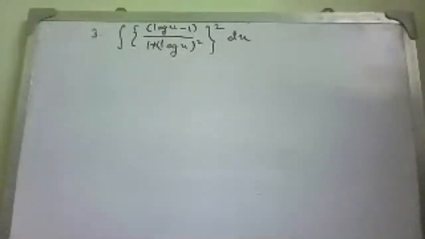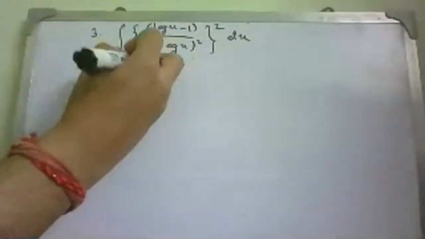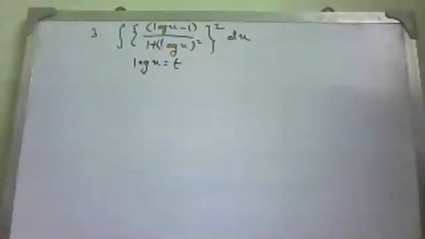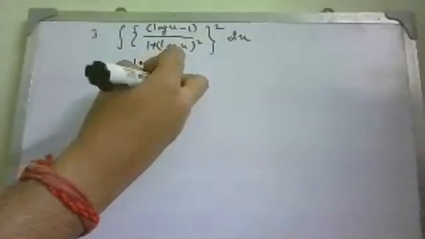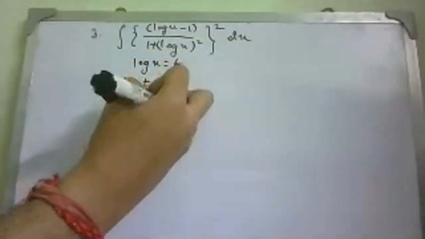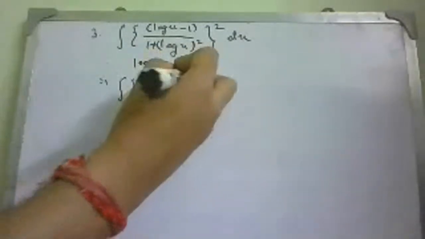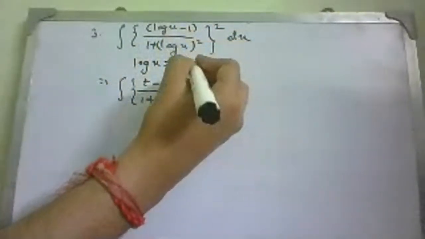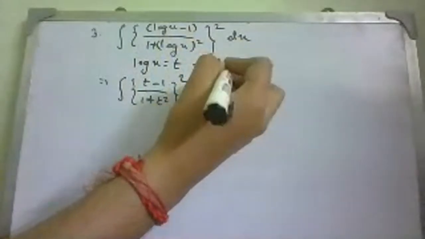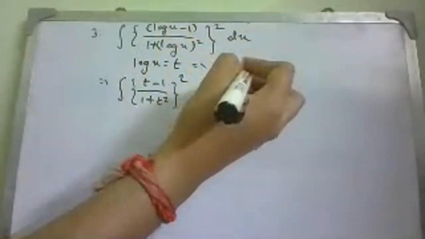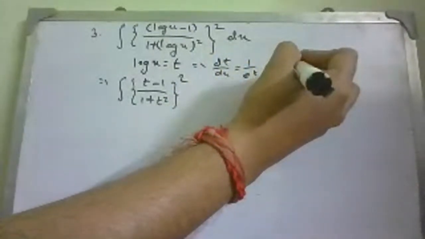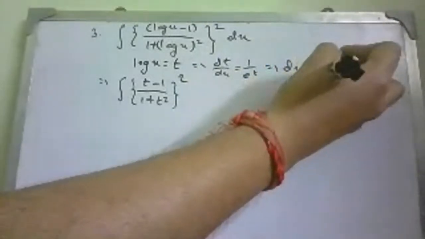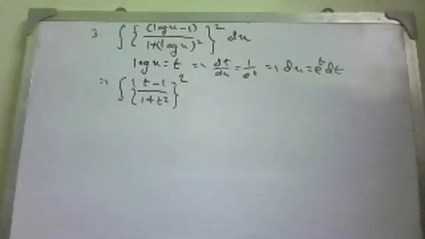We can see that log x is a pretty disturbing thing over here, so we just assume that log x is some t, and so we have (t minus 1) over (1 plus t squared) whole squared. And what is dt? Dt over dx is 1 by x. And what is x? It's basically e to the power t. So dx is e to the power t dt. Okay.